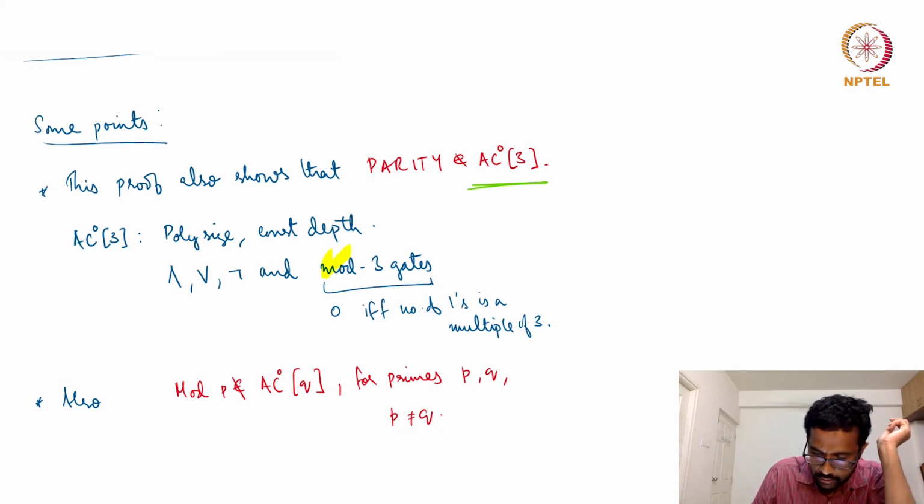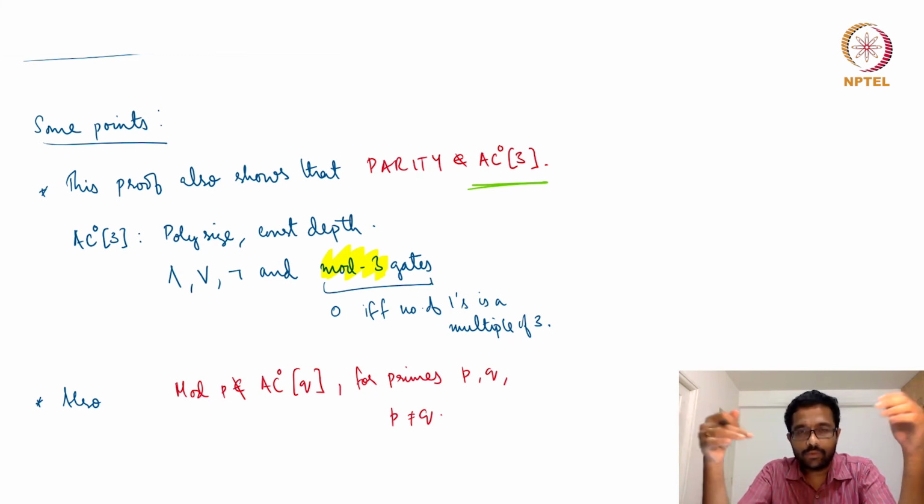So what are mod 3 gates? What did I define parity as? Parity outputs 1 if there are an odd number of ones in the input, and 0 if there are an even number of ones. Just like that, if the number of ones in the input is a multiple of 3, the mod 3 gate will output 0. If the number of ones is not a multiple of 3, it will output 1.